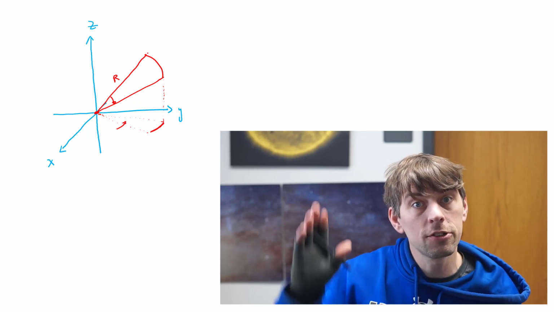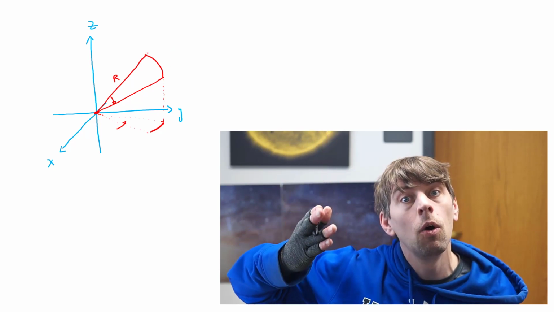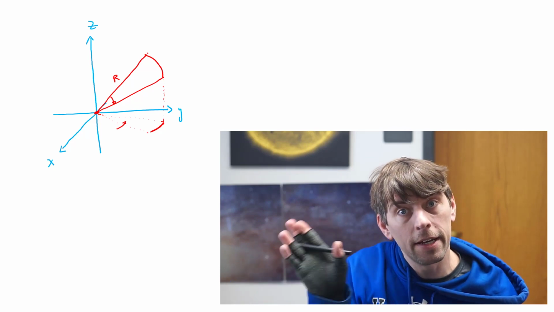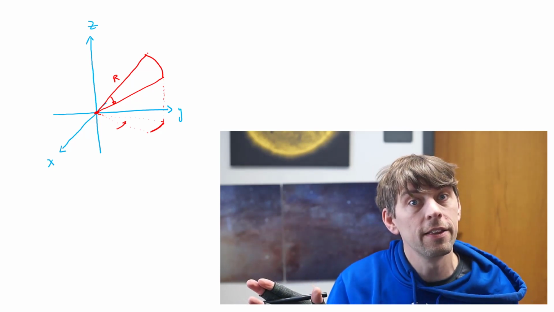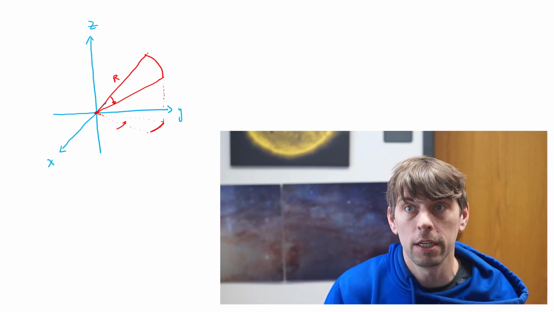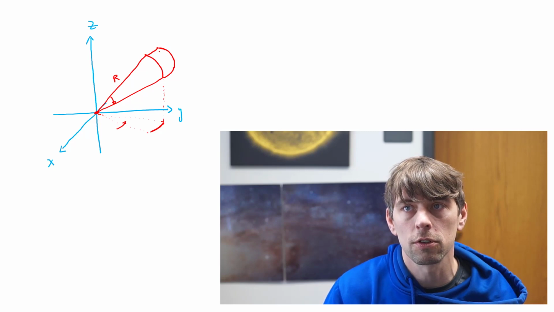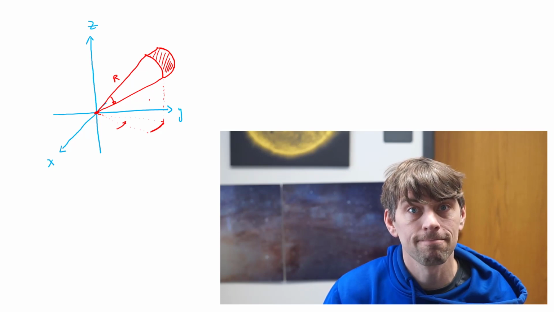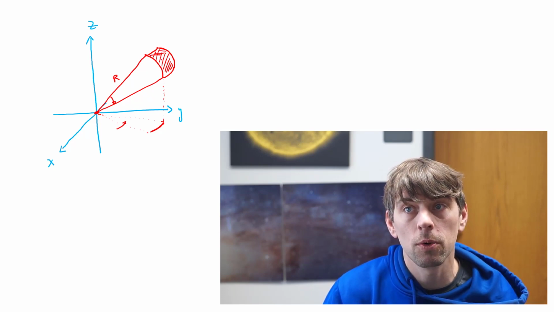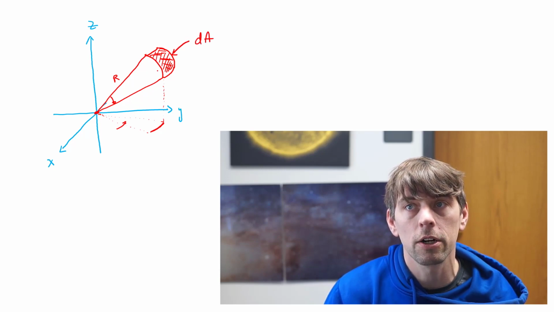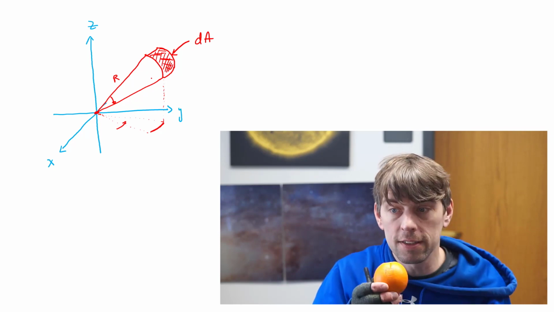And so the combination of sweeping down in the yz plane and sweeping back and forth in the xy plane, you get some sort of curved surface. And we want to figure out what's the expression for the small area element that's represented there.